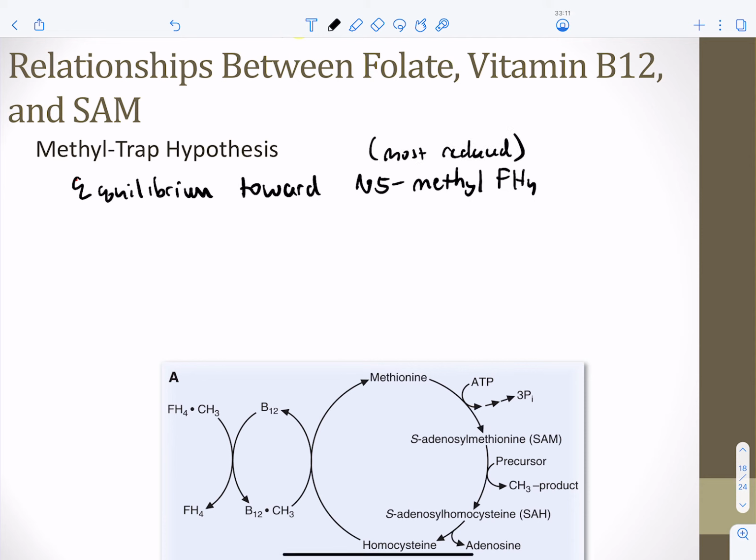It cannot be readily oxidized, and it has only one option to donate that methyl group to vitamin B12. And so the reason for this is because it's the most stable form of the tetrahydrofolates. The methionine synthase reaction is going to require vitamin B12, but the only way for vitamin B12 to get a methyl group to transfer to homocysteine to form methionine is from your N5-methyl tetrahydrofolate.